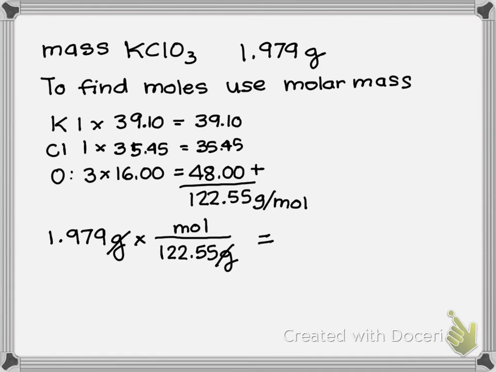So 1.979 divided by 122.55. And I get 0.0161. Let's see, I guess I can go to 4 significant figures. 1615. I'll just leave it at that.